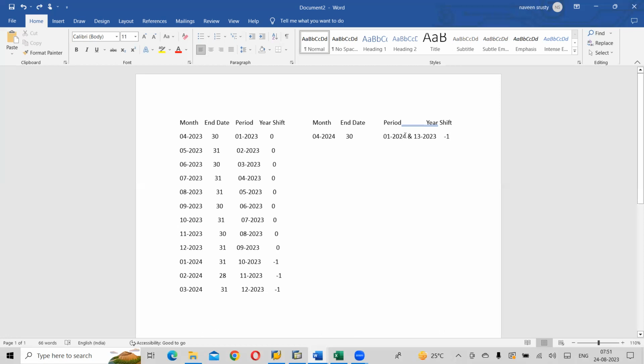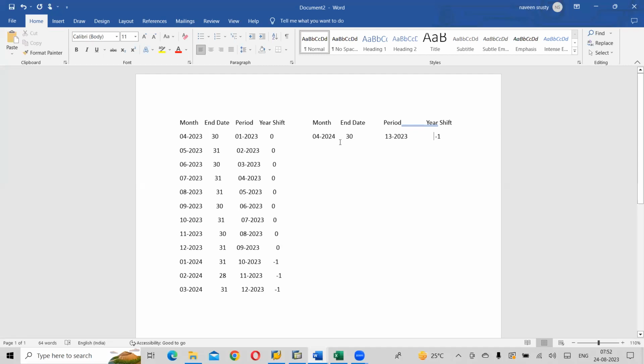Here, if I say 0, then it will consider it as the first period of 2024. But when I say -1 of 2024, then it becomes 2023, and already 12 periods are completed.